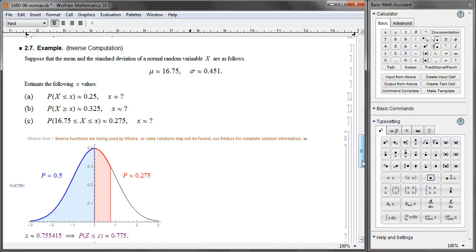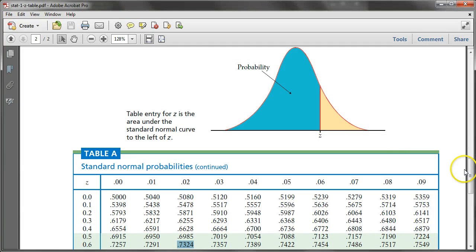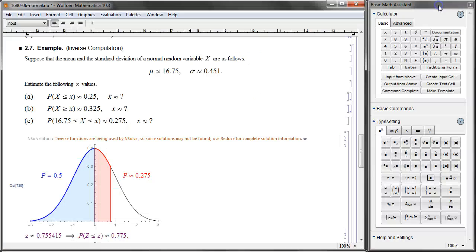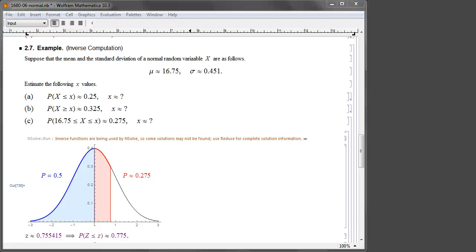In order to get something for the z-table, we need all the way to negative infinity, so you have to add the left-hand side, 0.5. So we add up 0.5 and 0.275, so the probability is 0.775.